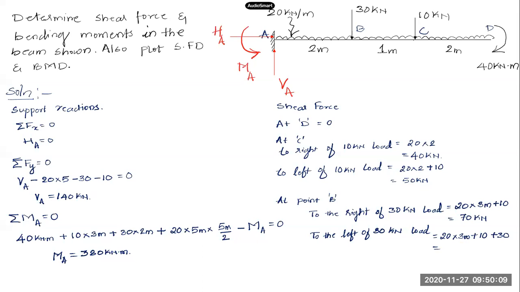So this will be 60, 70, 30, 100 kilonewtons over here. Then come to point A directly. What is the shear force here at point A, before I cross that reaction? How much is the shear force?